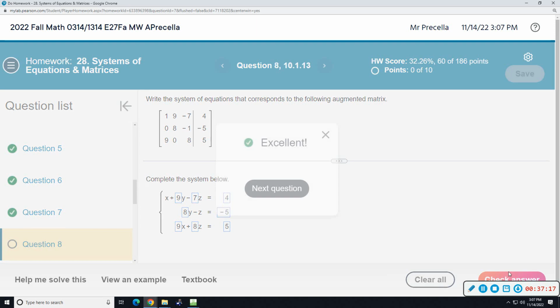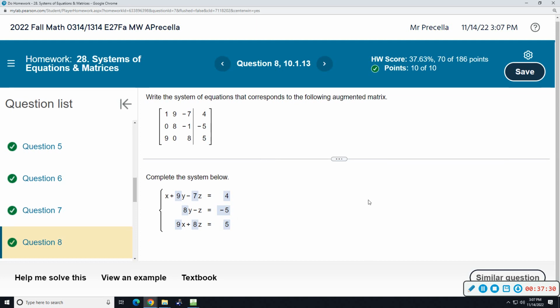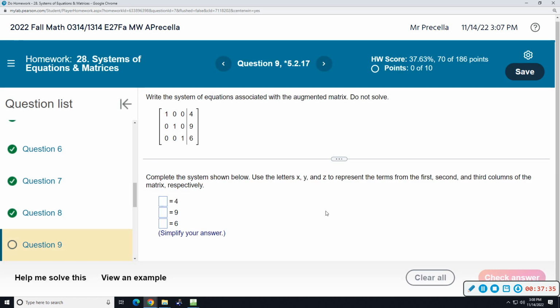There are very nice applications of these augmented matrices to production, maximization and minimization in a business environment. Our purpose is just sort of showing you what they are. And 9 could very well be the hardest problem we're doing this semester. Write the system of equations associated with the augmented matrix, and then this says do not solve, that's funny.